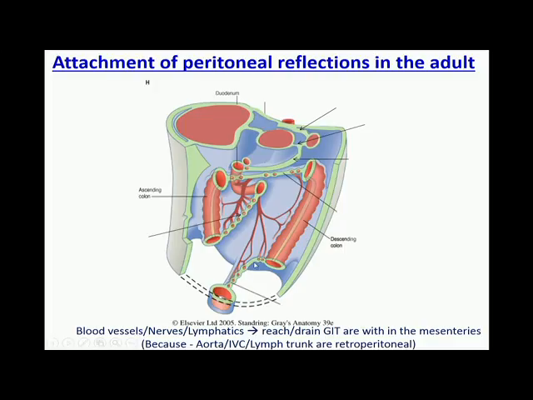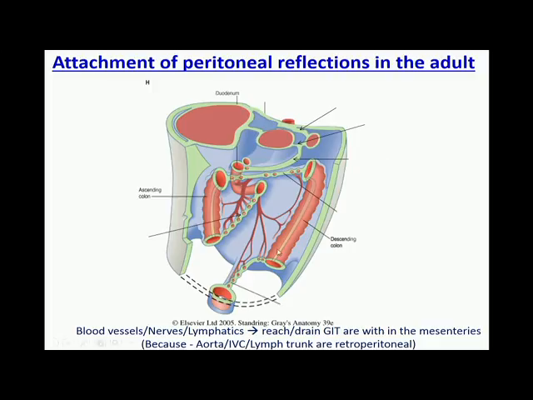It is relatively narrow, and the V shape further narrows the base of the sigmoid mesocolon attachment. In fact, the sigmoid colon is one of the most commonly affected parts to undergo twisting, or volvulus, because it has a narrow base.